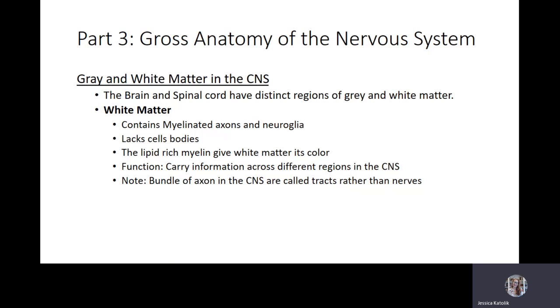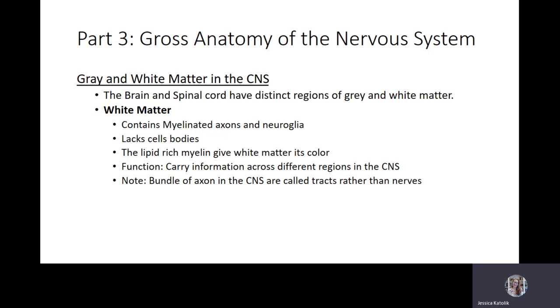So if we're looking at the spinal cord, for example, the white matter is going to carry information up and down the spinal cord to and from the brain. So it carries that information long distances. And in the brain, the white matter will connect different regions of the brain so that the brain can create a holistic picture of our internal and external environment.